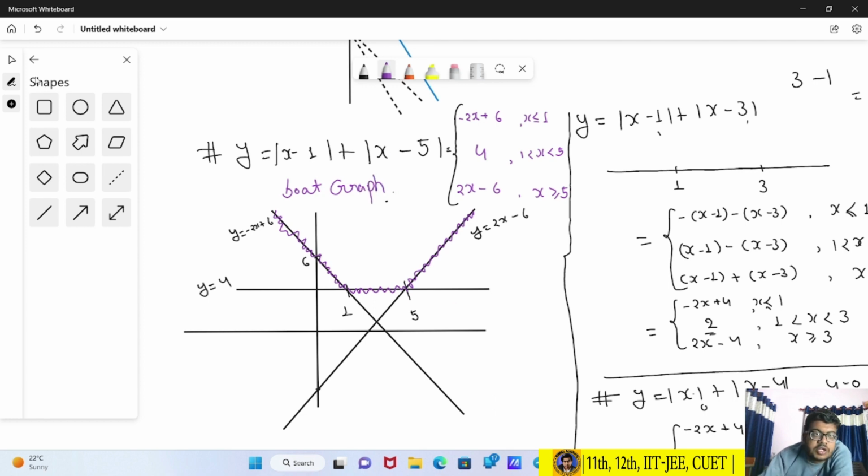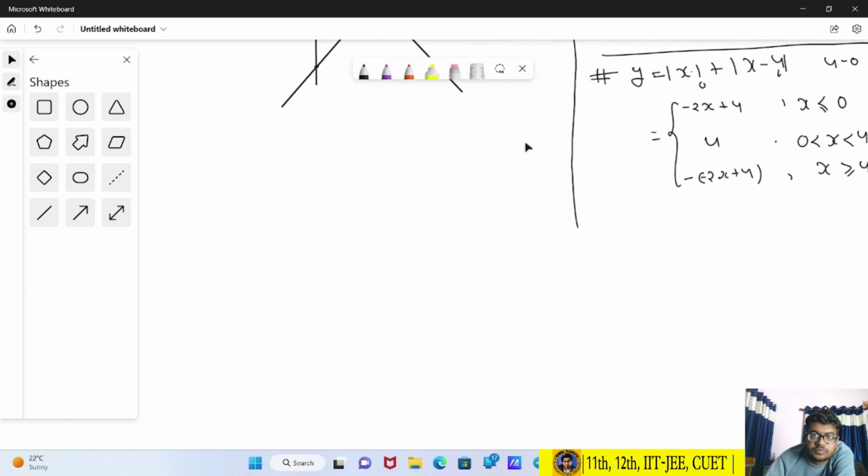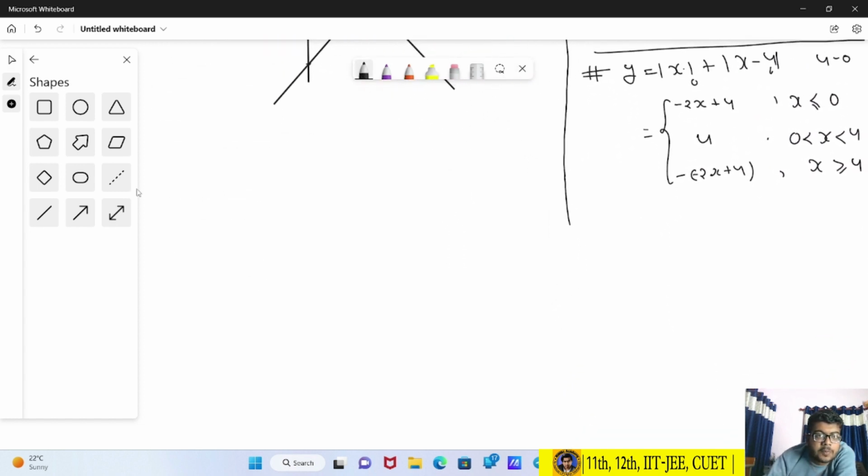Now we draw some more graphs. Suppose we have y equals mod of x minus 1 plus mod of x minus 3. This is the coordinate axis.